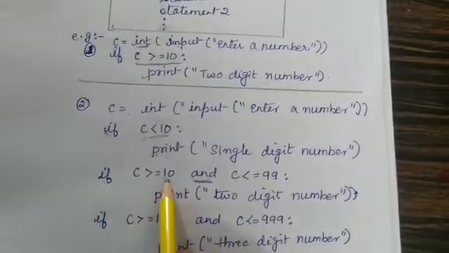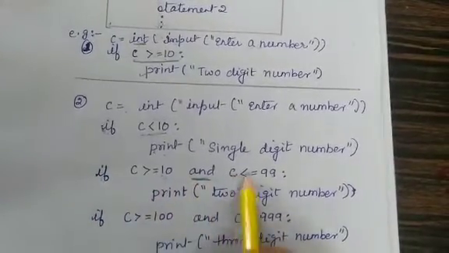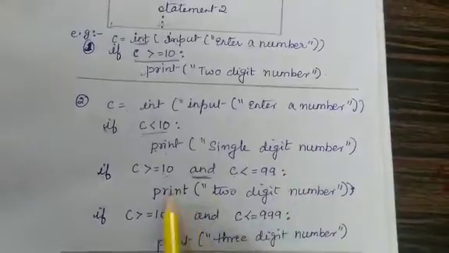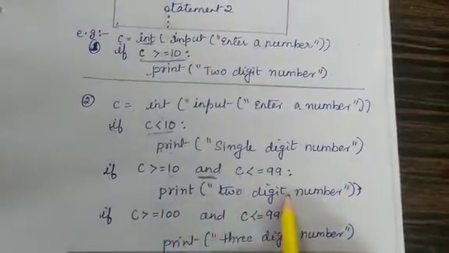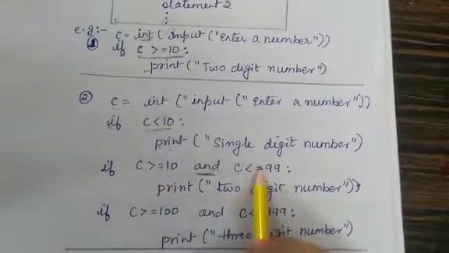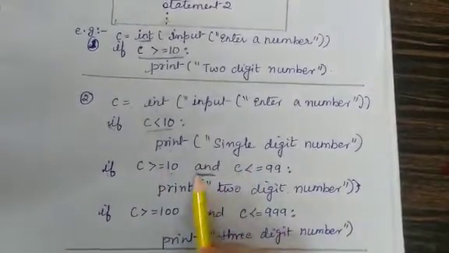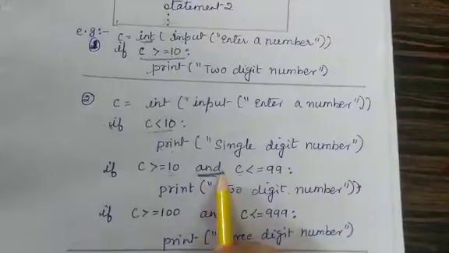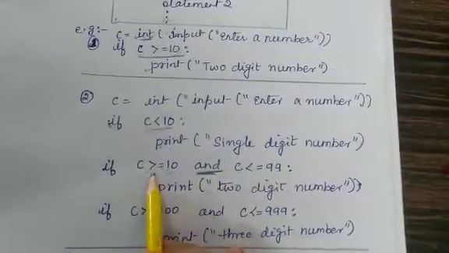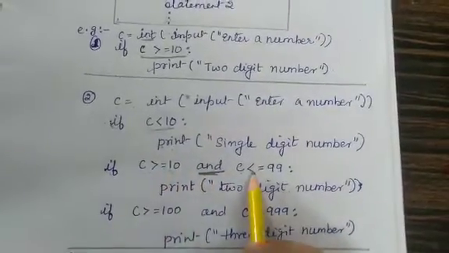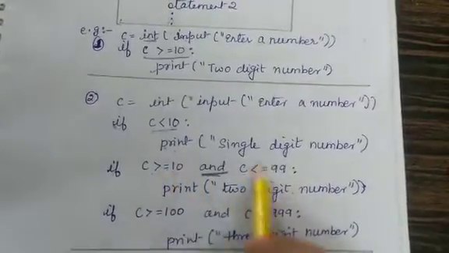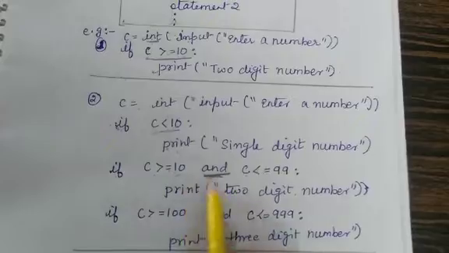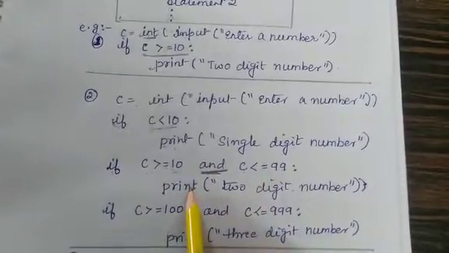If c >= 10 and c <= 99, print 2-digit number. Again, this statement will execute only if both conditions are true because you have written and here. And requires both conditions, the left-hand condition and the right-hand condition, to be true. Only when both are true will this if evaluate to true and this statement execute.